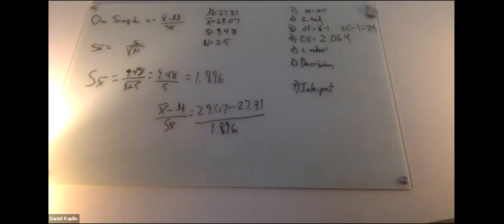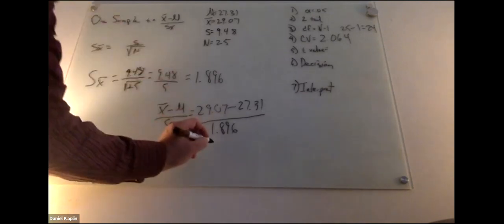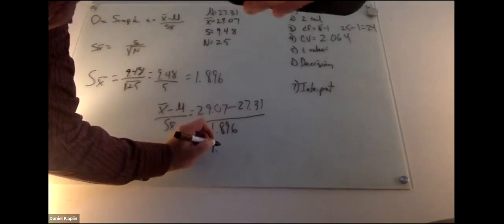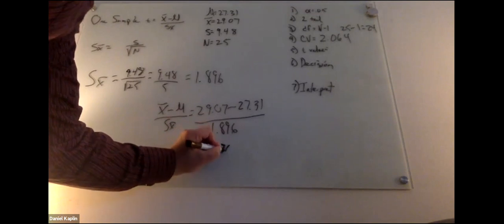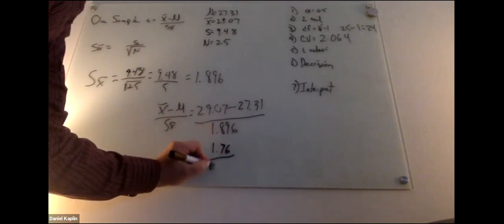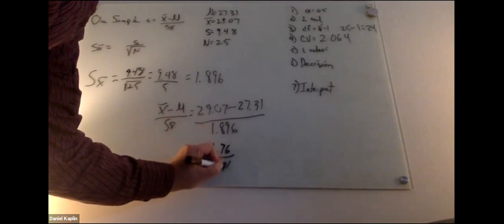So we're going to say 29.07 minus 27.31 gives us a numerator of 1.76 over 1.896.